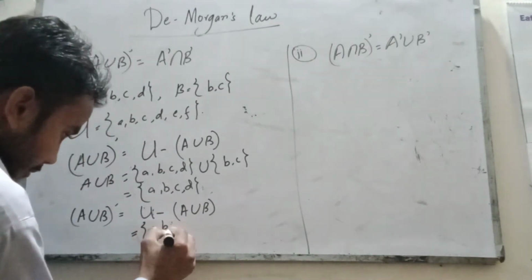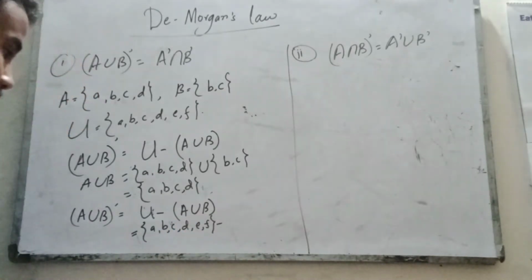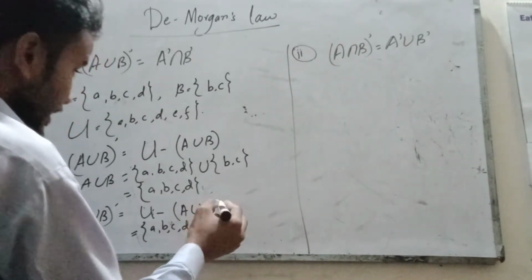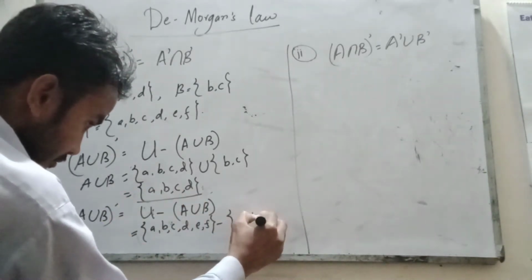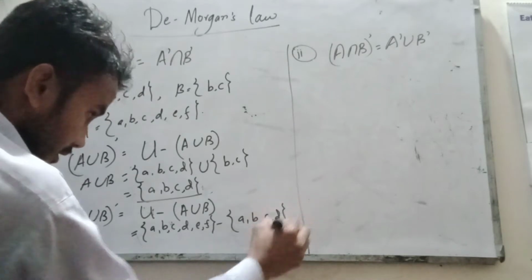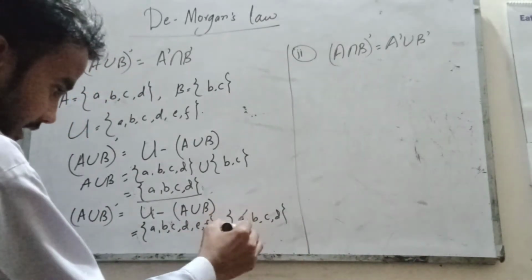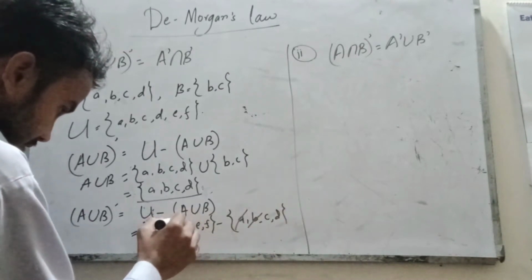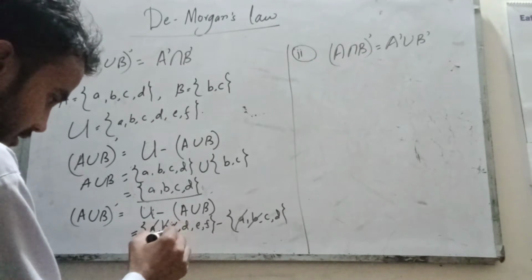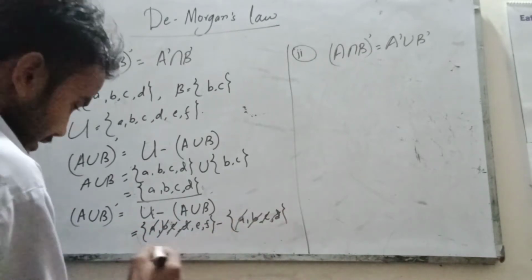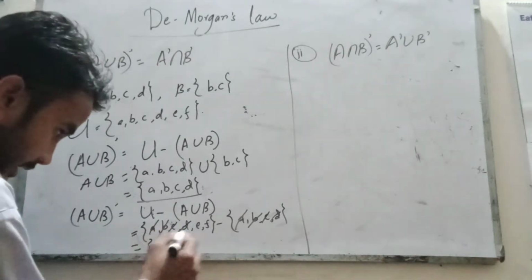A, B, C, D, E, F minus (A union B), and we have found A union B as A, B, C, D. In subtraction, we remove the same elements from the universal set, and the remaining elements of the first set we put here.